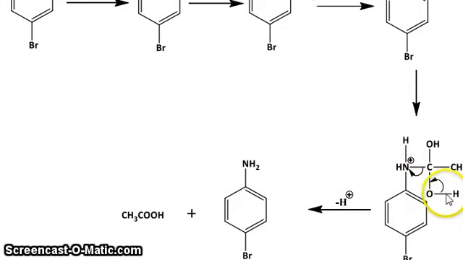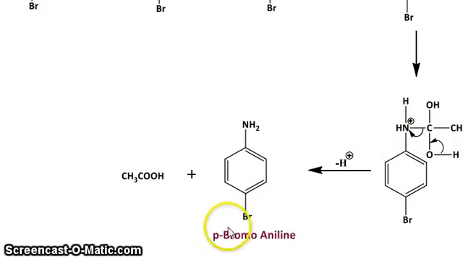Then, with the shifting of oxygen and hydrogens and the breaking of this carbon-nitrogen bond, it forms parabromoaniline and CH3COOH.